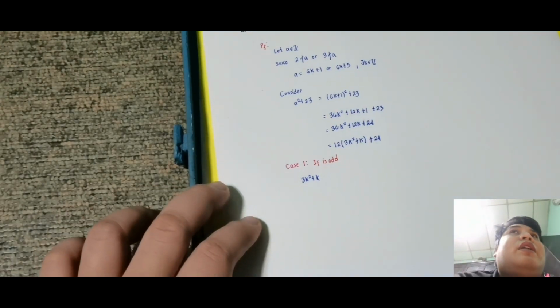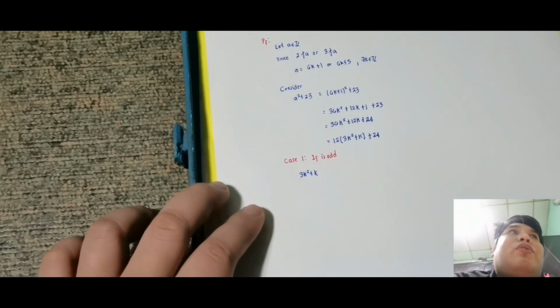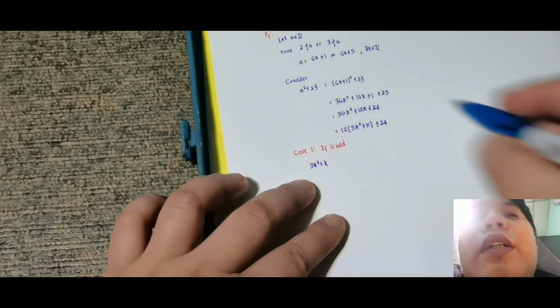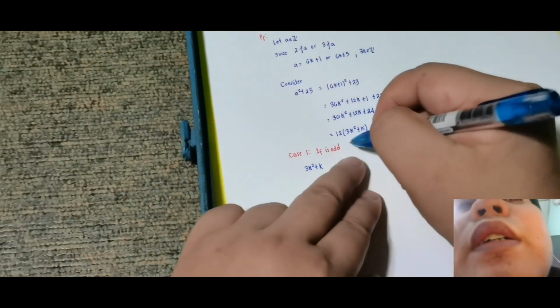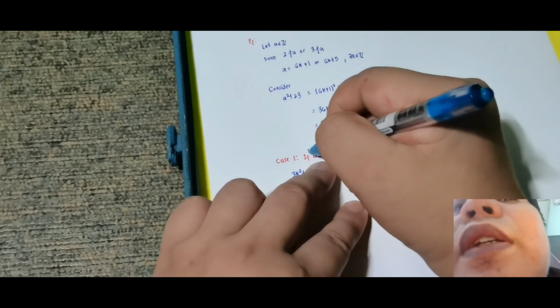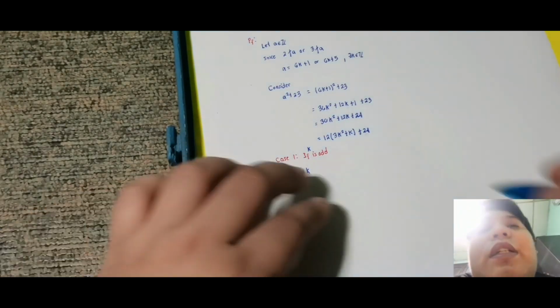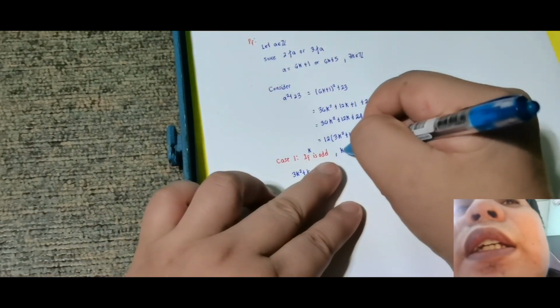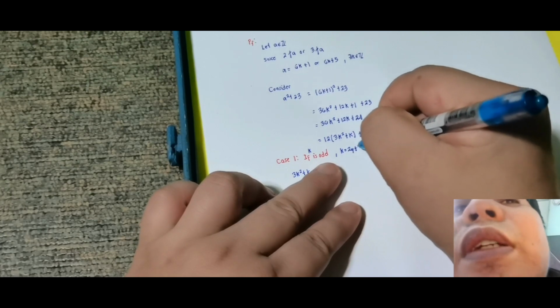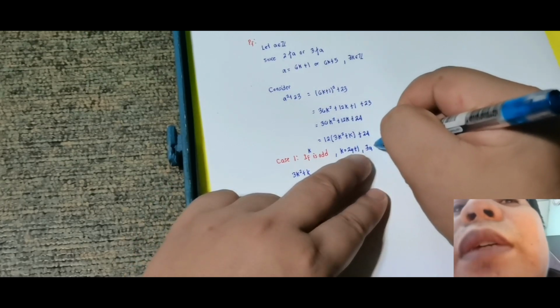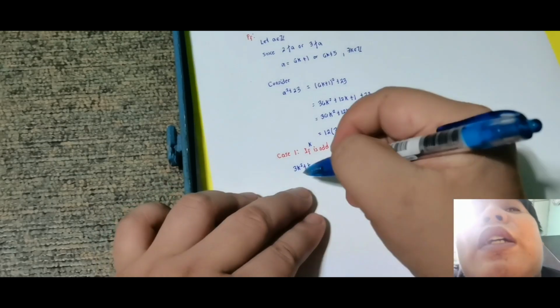Okay, so kung si k is odd, so ano mangyari? So let's say na kinuha natin kunyari lang if k is odd, say set natin na si k is equal to 2q plus 1 for some q element of integers. So ano mangyari dito?